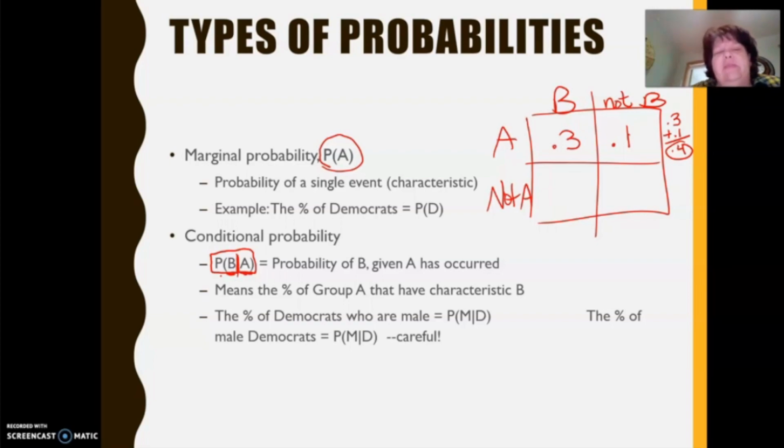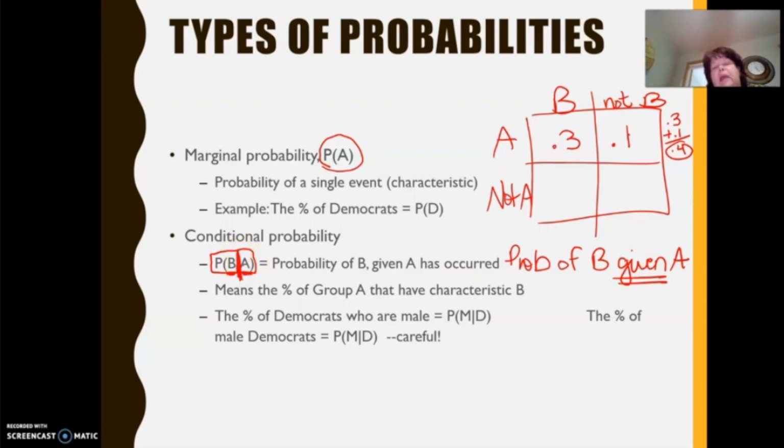It's the probability of B happening, knowing that A has already happened. So we say probability of B given A. So that's what that little line means over here, this little pipe.